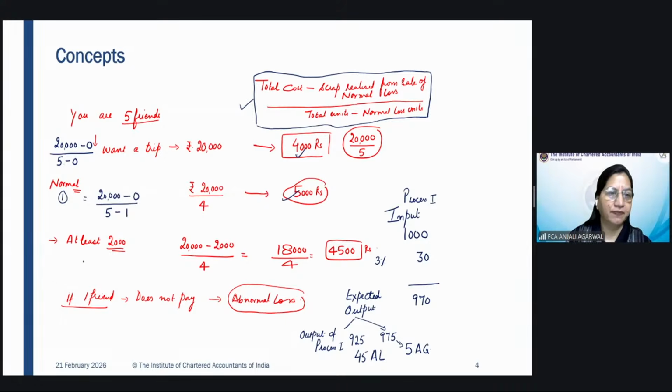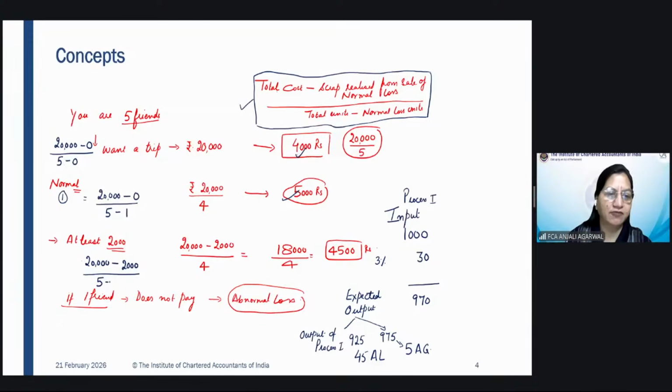Third example, normal loss, total cost 20,000. Scrap realized from sale of normal loss. Here we can say one friend who is not contributing completely is able to contribute 2,000. So 2,000 is recovered, which means 18,000 is the cost.